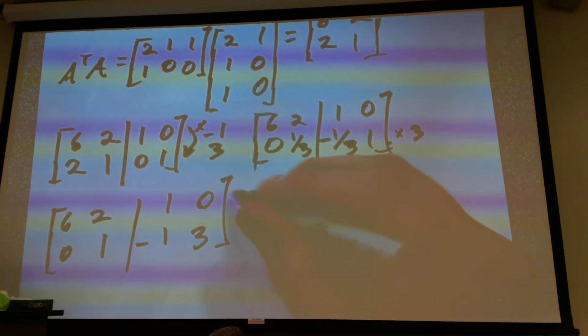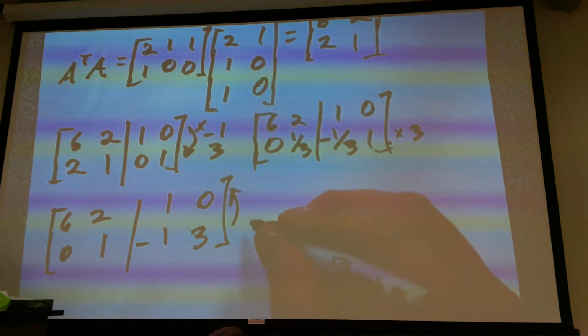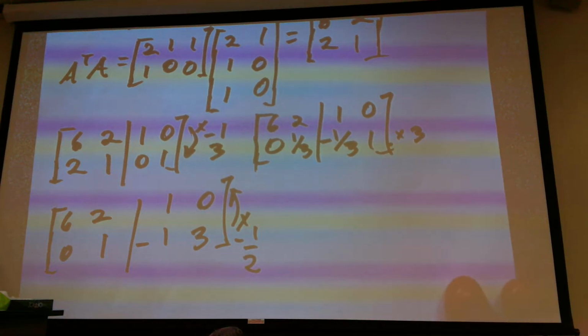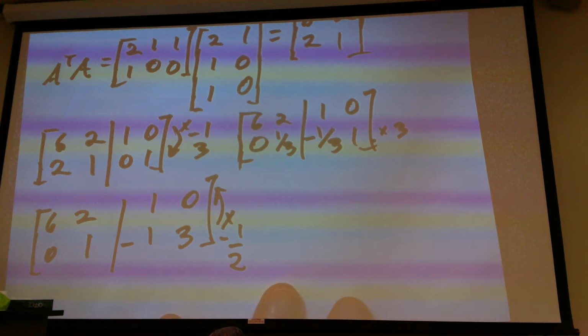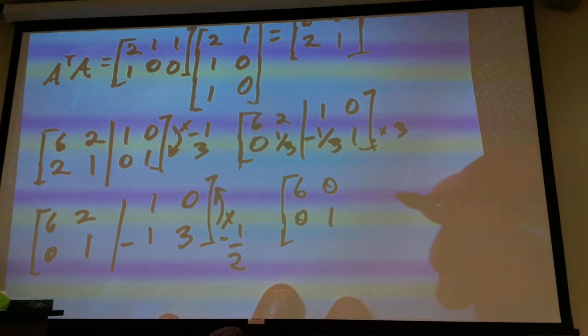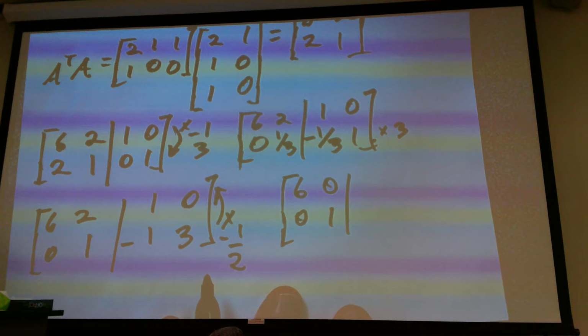Now we're going to take that, and multiply by negative 1/2, and have that one act upwards. So that would turn it into 6, 0, 0, 1. If I multiply that guy by negative 1/2, where am I at right now?